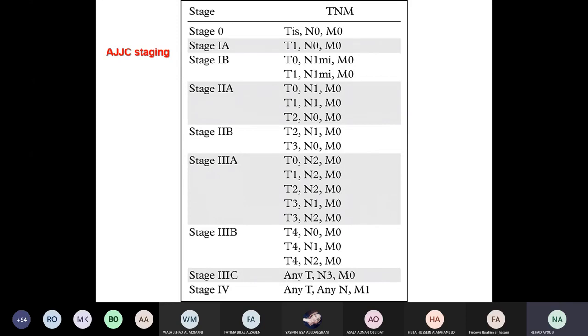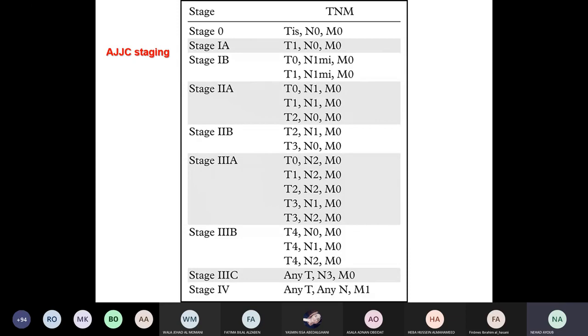This is what we call the histologic type, based on histology. So breast cancer based on histology could be in situ carcinoma, whether ductal or lobular, or invasive, and that's the common thing, whether lobular or ductal.